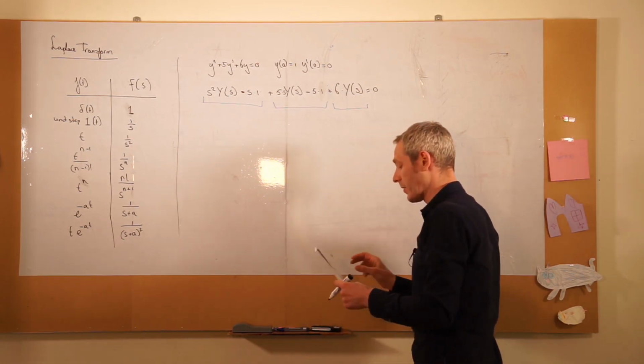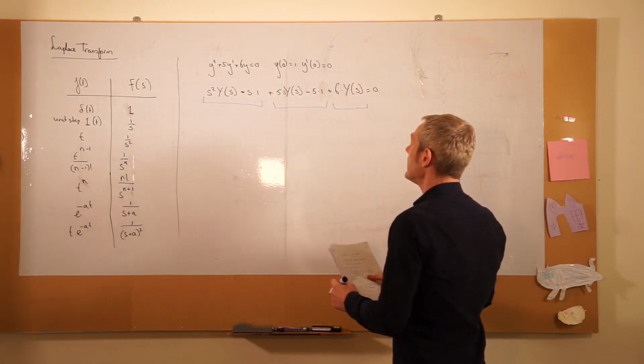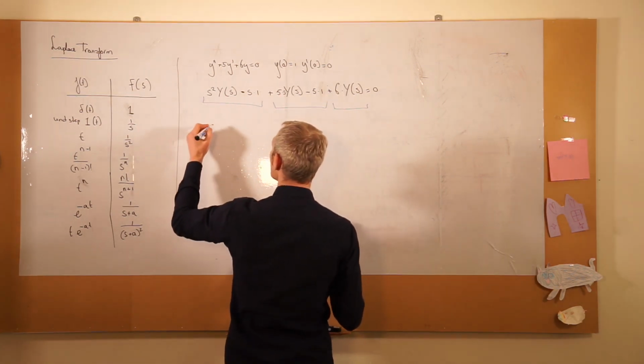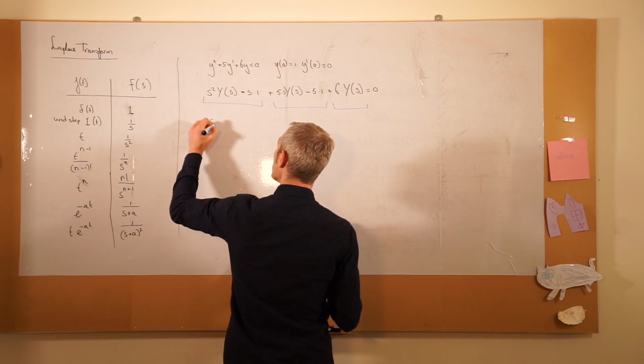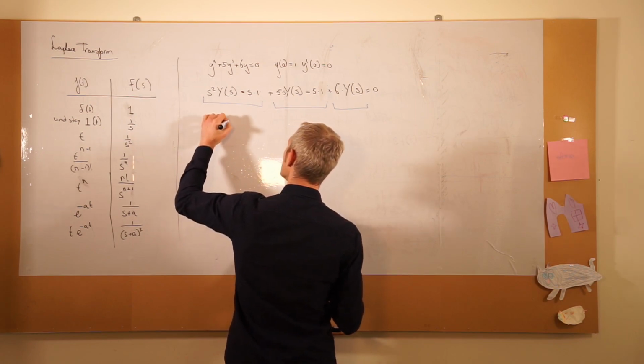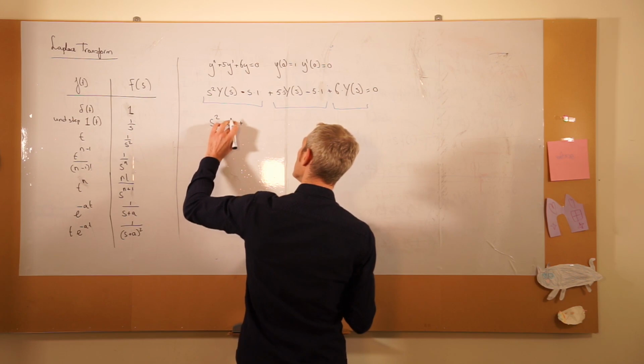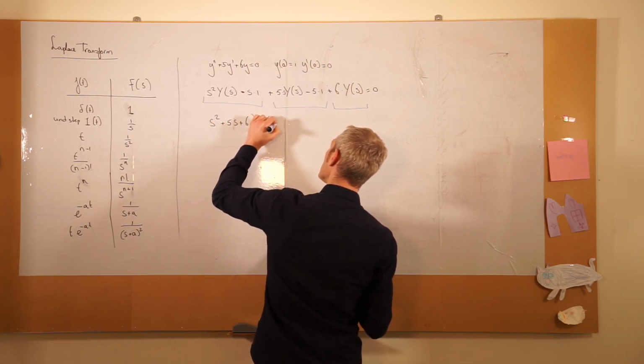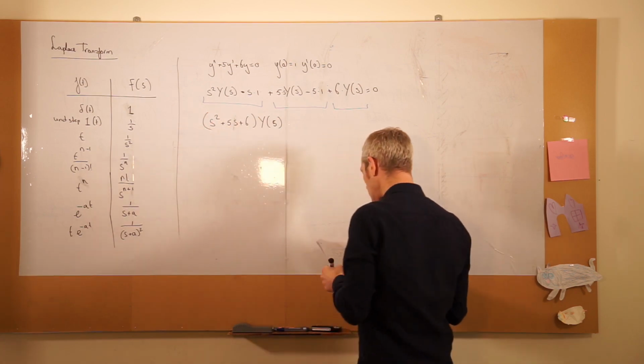Well, explicitly. So we can take all the terms with Y(s) together, and we end up with (s squared plus 5s plus 6) times the Laplace transform Y(s).